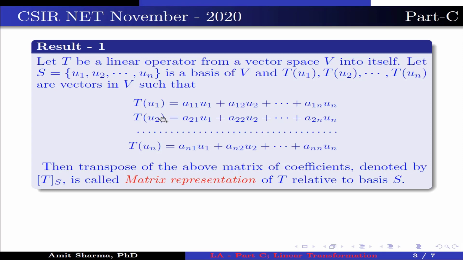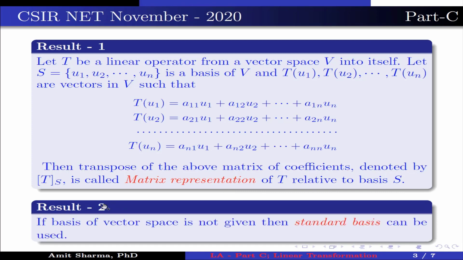T of u2 can be written as a21 into u1 plus a22 into u2 plus and so on plus a2n into un, and so on, and T of un is equal to an1 into u1 plus an2 u2 plus and so on plus ann un. Then the transpose of the above matrix of coefficients, denoted by T_S, is called the matrix representation of T relative to basis S.